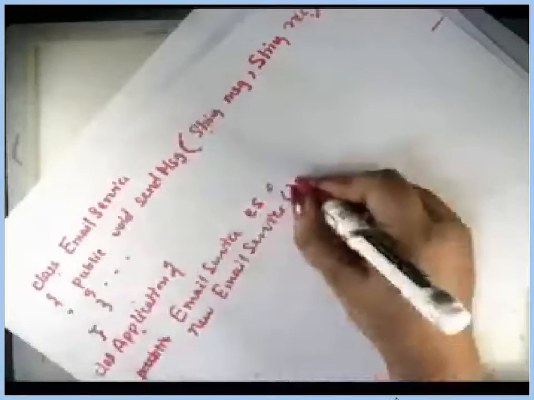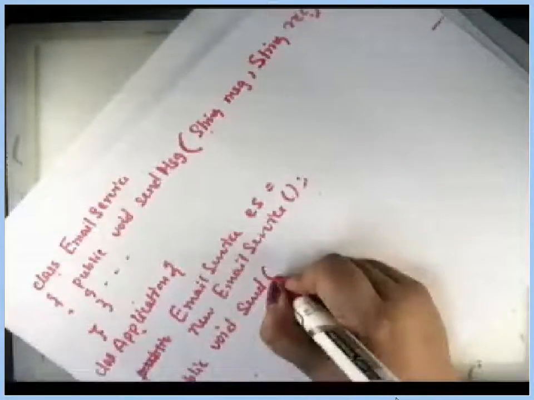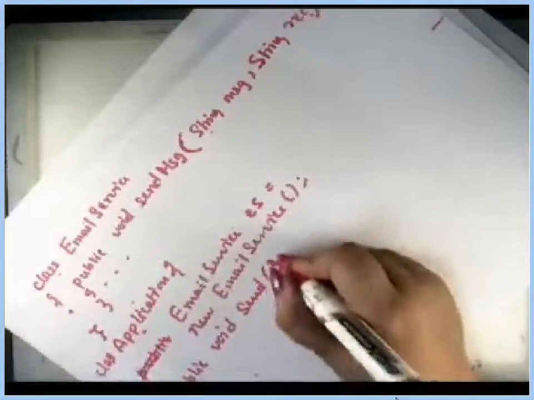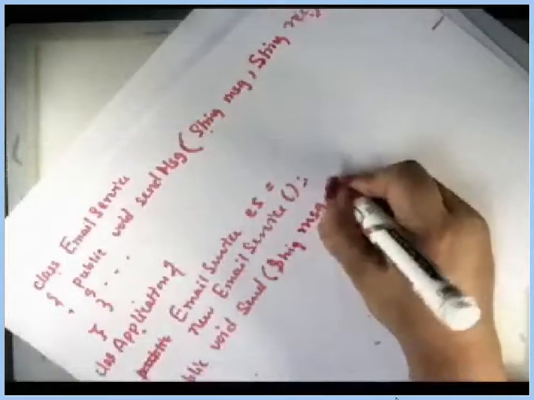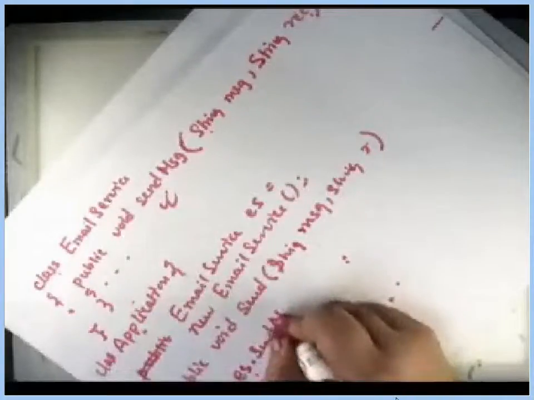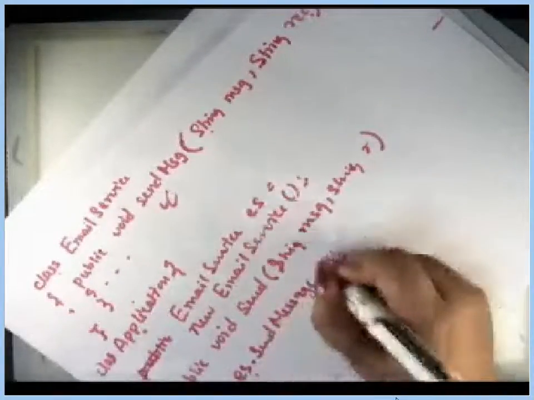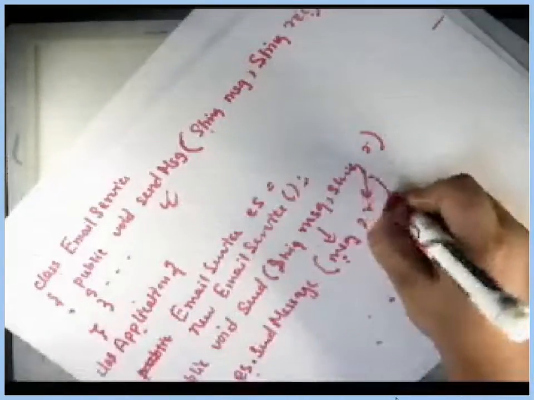Fine. Now I will have a method, public void send, and within this I will take some parameters, string message and string receiver, and I will call es.sendMessage and pass this message and this receiver's name into it.